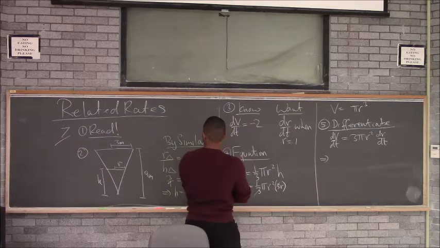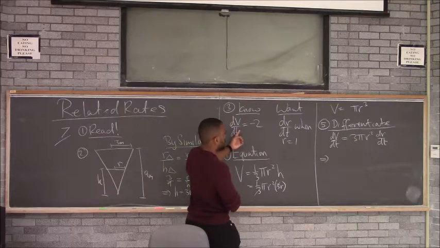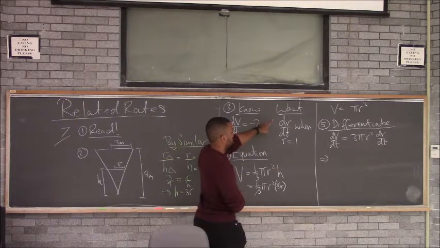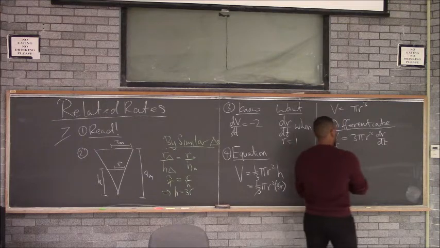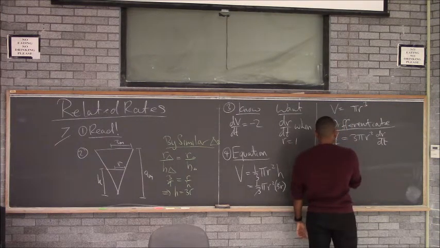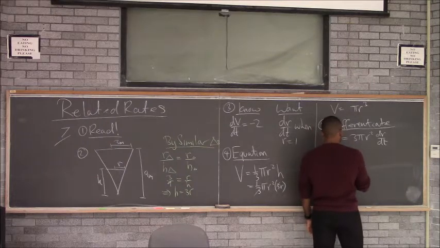And at this point, we know everything, right? We know the dV/dt. We know that r is 1, and we want to find the dr/dt. So that's step 6. Plug in, solve for your unknowns.